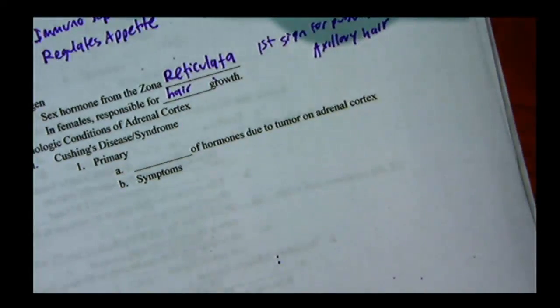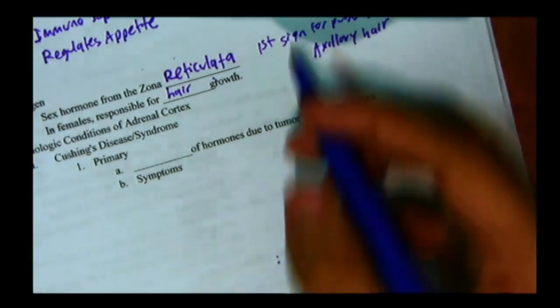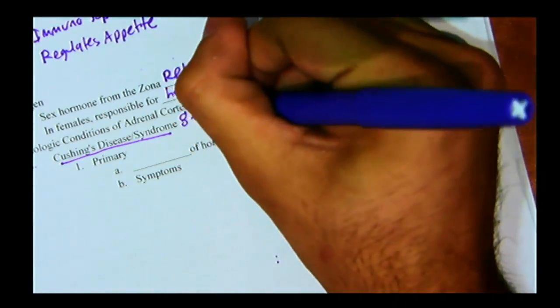Not just one part. So for primary Cushing's, is it a reduction or excess of hormones? Excess.